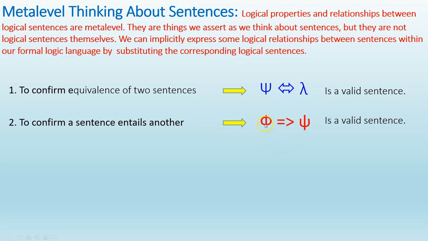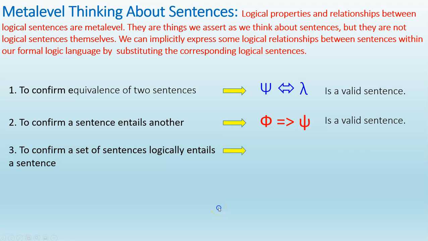If that's the case, then that means phi entails psi. To confirm a set of sentences logically entails a sentence, what do you have to do? You have to create a new set, that is, take the original set and add to it the negation of the entailed sentence. And if that is unsatisfiable, then this set entails phi.